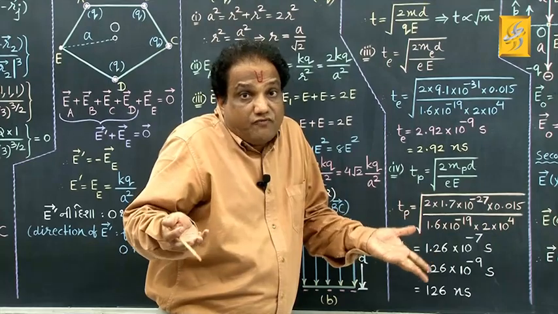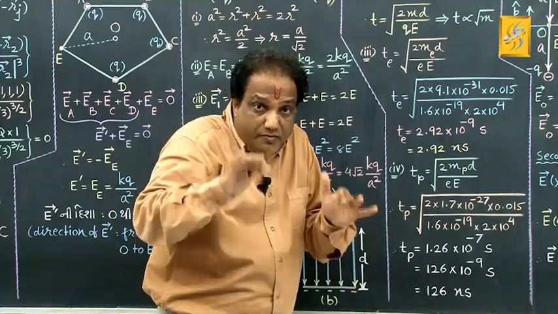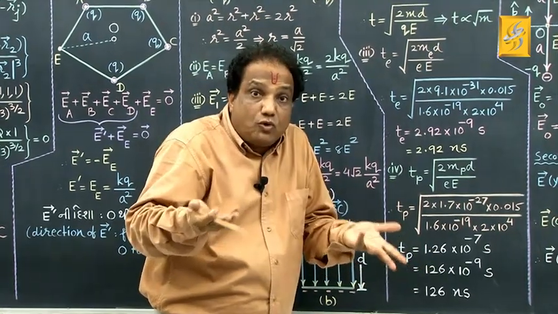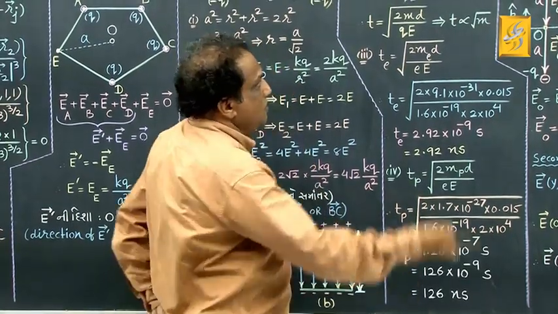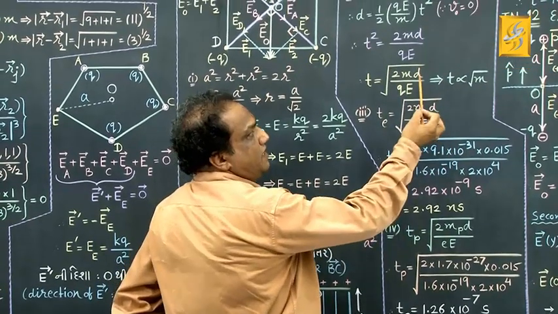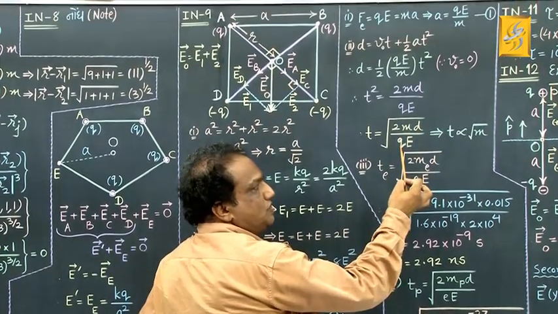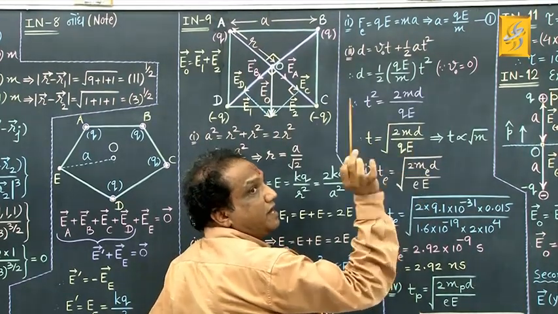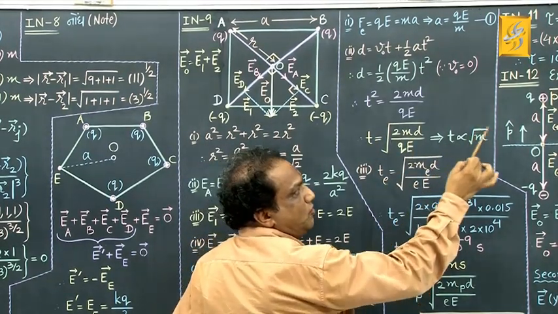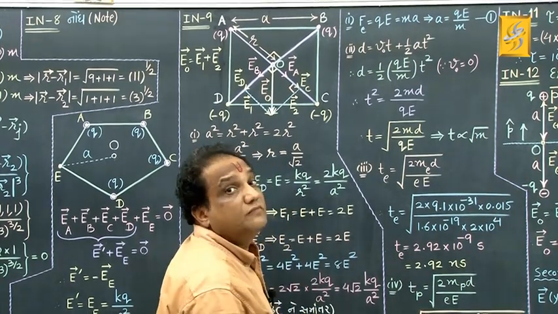Why is the time taken for traveling the same distance in the same electric field so very large for the proton? Very simple reason. Look at this formula. Right now D is constant, Q is constant, E is constant. So you can think of the relation between T and M, and it is T proportional to under root M. What does it mean?